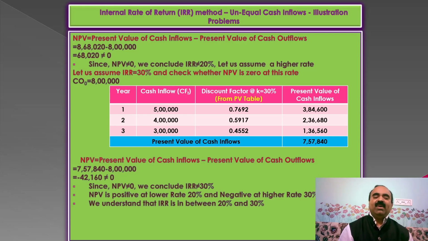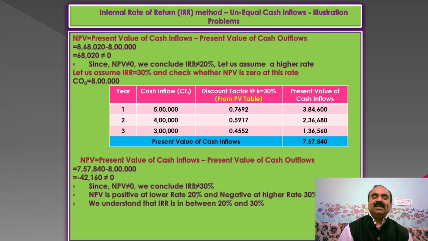Let us assume IRR to be 30% and check whether NPV is 0 at this rate. I had taken CO0 is equal to 8 lakhs on the top of the table. I had used a 4-column table in order to find out present value of cash inflows. The difference in this table is that I had taken discount factor at K is equal to 30% from the PV table in the third column.